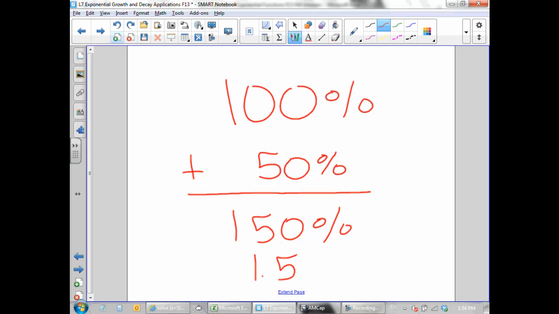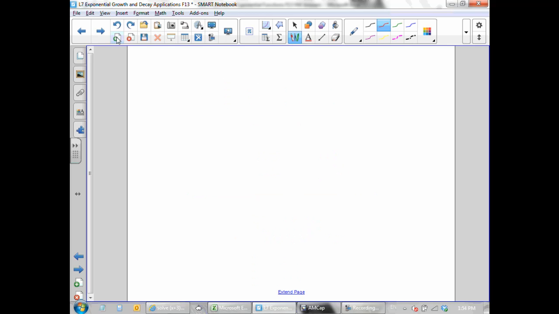That's growing. We always start with 100%. Growing, I added 50%. Well, what about this? We can figure this out. If you always start with 100%, and something decreases by 40%, how do I write that as a decimal? Like final answer. If this decreases by 40%, your decay is down 40%.